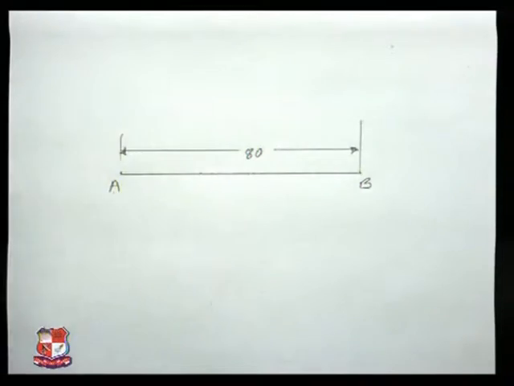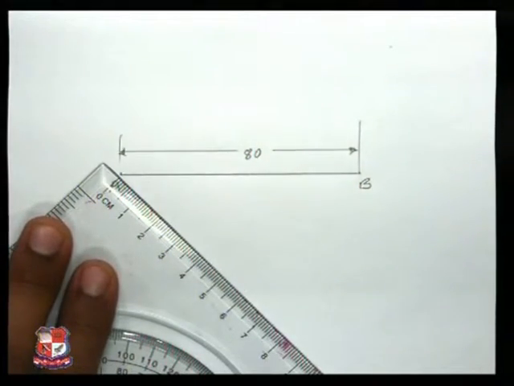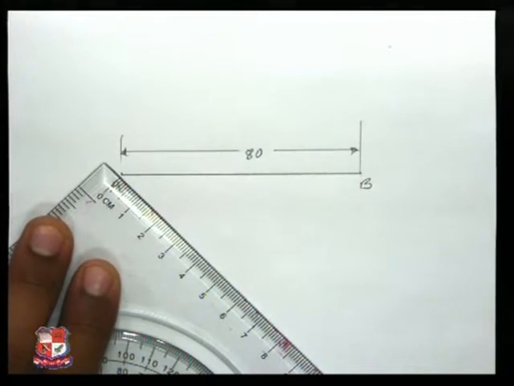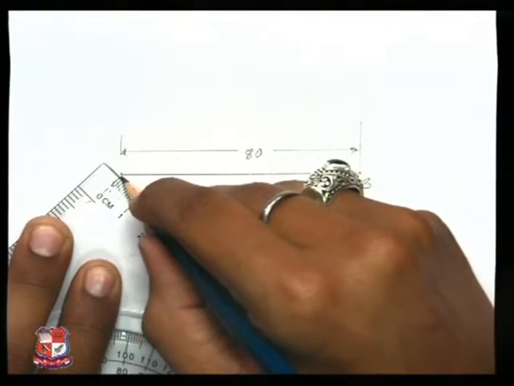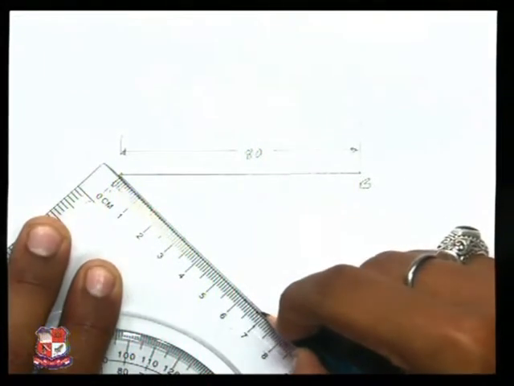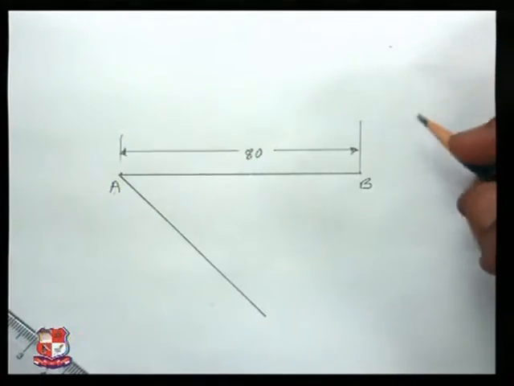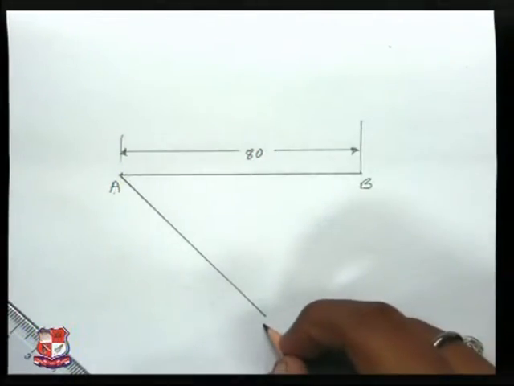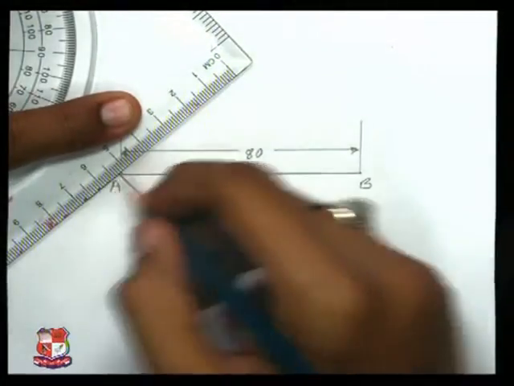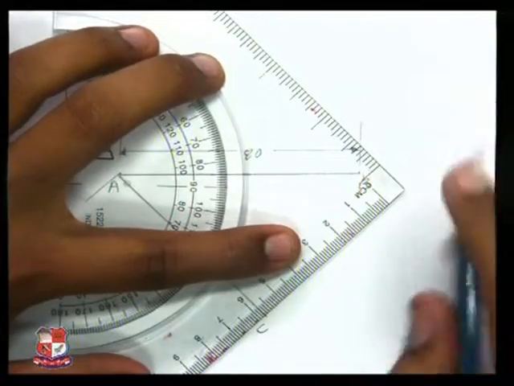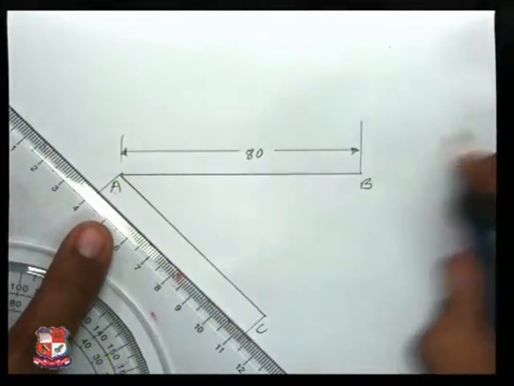We have AB. Now what we are going to do is draw a line of 70 mm at any angle. We have drawn a line of 70 mm at any angle. You can choose any angle to draw this line.